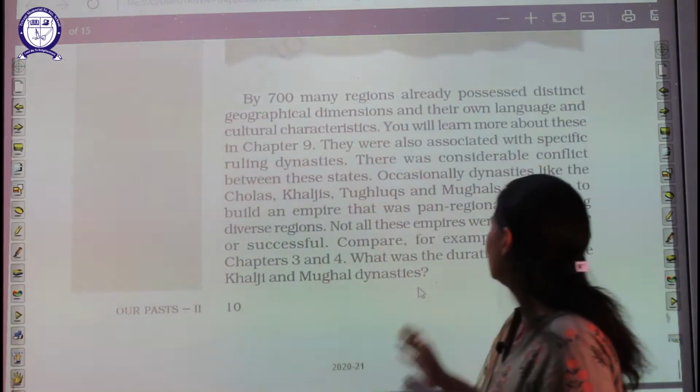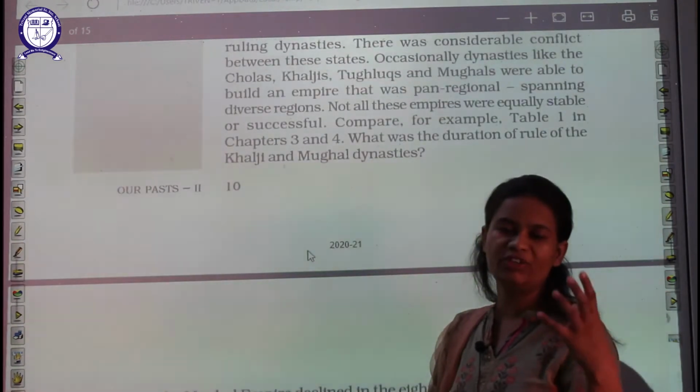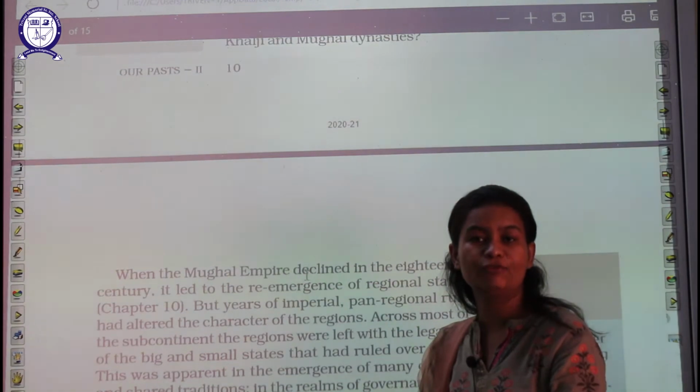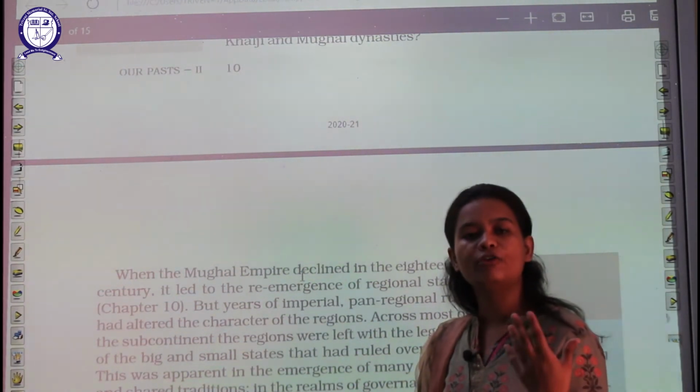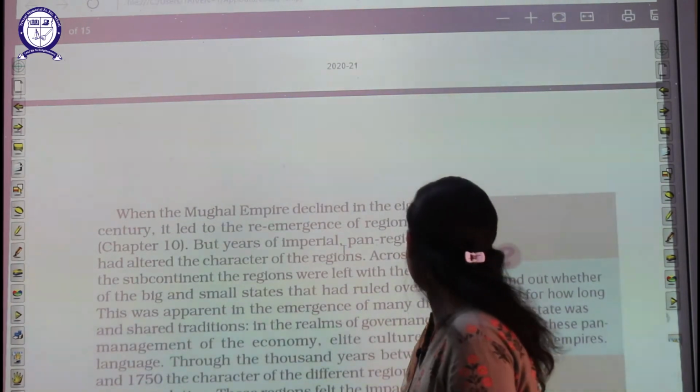Thereafter, students, this we have already discussed, which particular dynasty ruled which kingdom, say Delhi, and for what particular time period. Now what is said here?